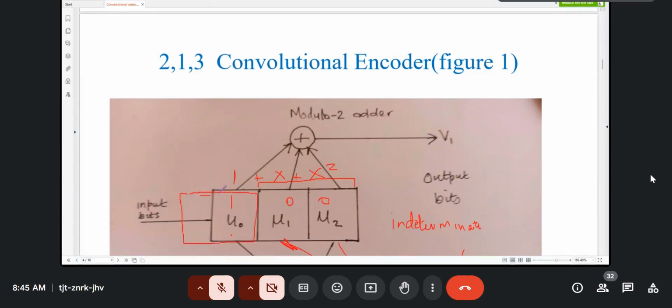But still, the state will be these ones. Of course, it will change the input, because 2 bits come in, so 2 bits must come out.